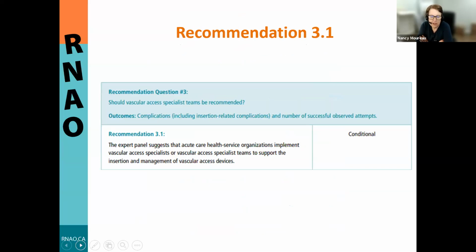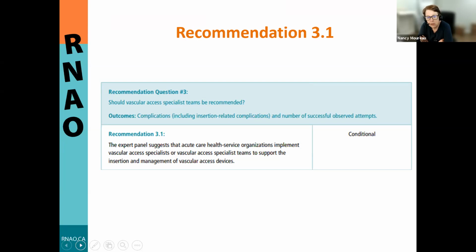Now on to recommendation 3.1. In recommendation 3.1, the expert panel recommends that acute care health service organizations integrate vascular access specialists or vascular access specialist teams to support the insertion and management of vascular access devices. A vascular access specialist team refers to a group of health providers who have attained advanced knowledge and skills in the assessment, insertion, care, and management of vascular access devices.